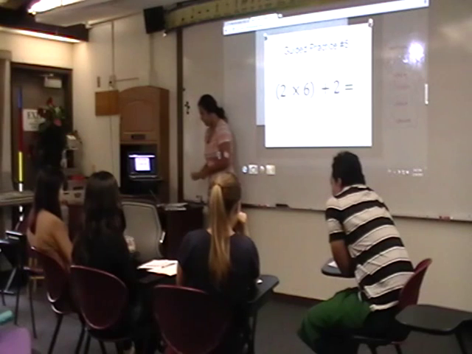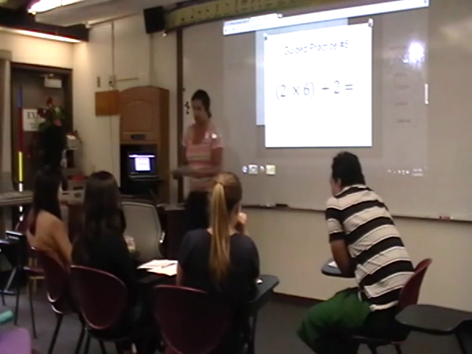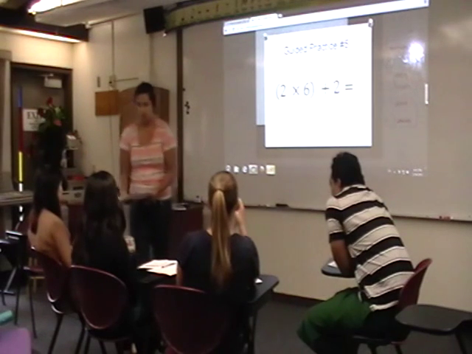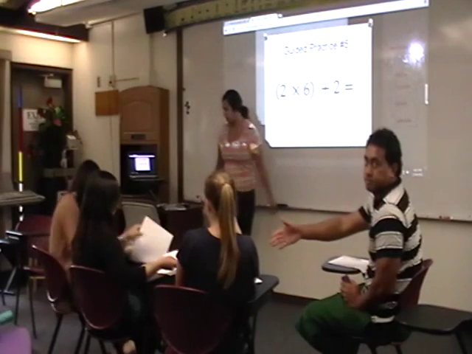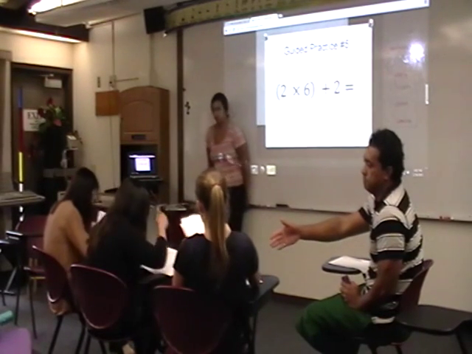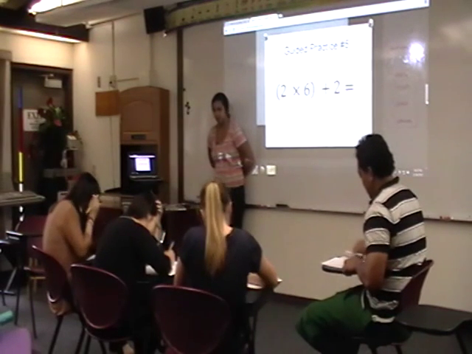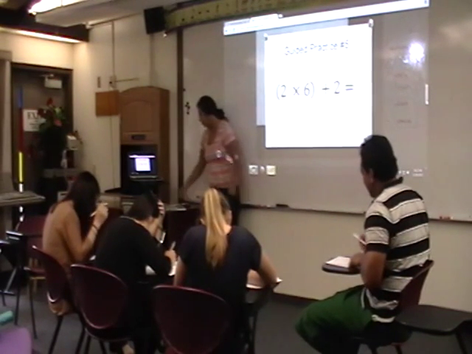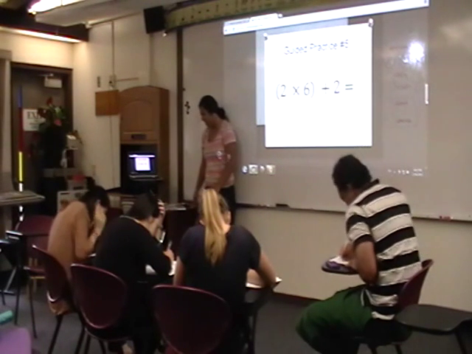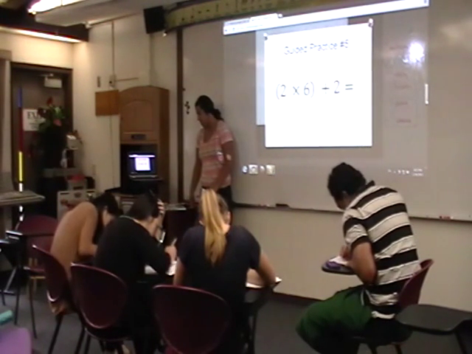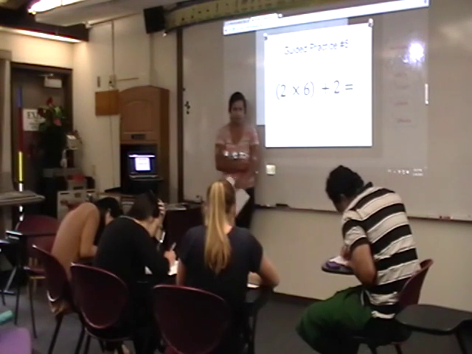So before we end this lesson today, I just want to test your skills. We don't have to do all of them, just do like 4. Just take one and pass it down. So you're just going to solve 4 of the problems on this piece of paper. And make sure to show your work, how you got it.